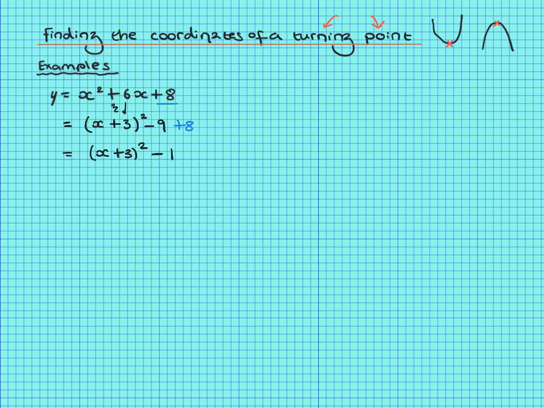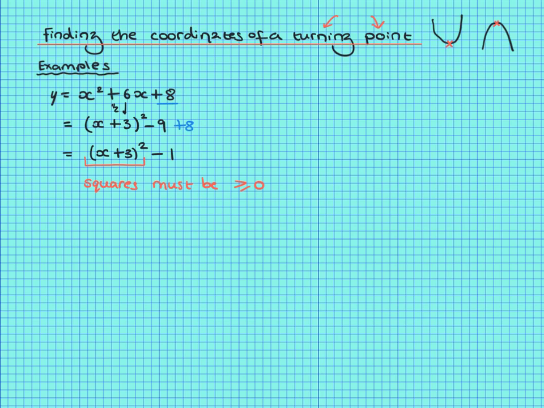Now, how do I find my coordinates of the turning point, which in this case is a minimum point? Well, I think about the fact that this part of the graph's equation, this part of the function, is a square. Now, squares must be greater than or equal to 0. Okay, think about it.